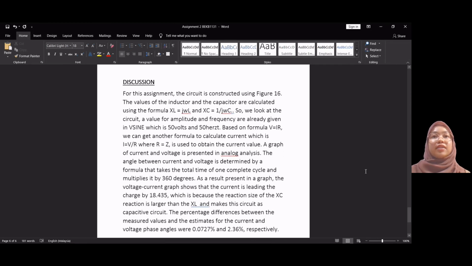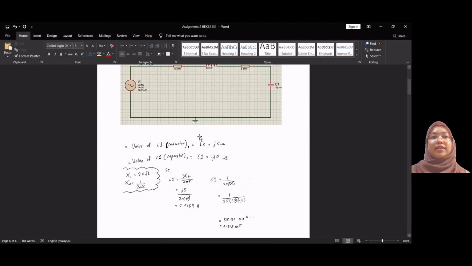The values of the inductor and the capacitor are calculated using the formula XL equal to j omega L and XC equal to 1 over j omega C. I already told you guys, XL equal to omega L, but this formula XL equal to 2 pi FL, so that means omega equal to 2 pi F. So XC equal to 1 over 2 pi FC.